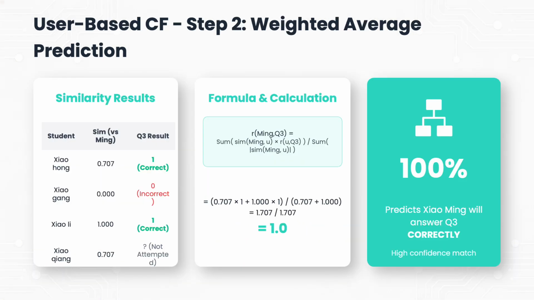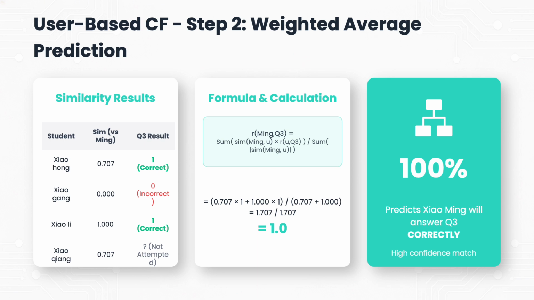Now we have our similarity scores. We see that Xiao Hong and Xiao Li are the most similar to Xiao Ming, and importantly, they both attempted question 3. Xiaohong got it right, and Xiaoli also got it right. The next step is to combine this information using a weighted average. We multiply each neighbor's score on question 3 by their similarity to Xiaoming, sum those products, and then divide by the sum of the similarities.